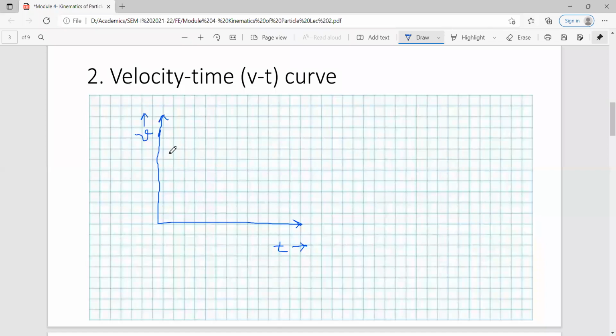It depends on the motion condition, whether during the motion your acceleration is constant, or if velocity is constant. Suppose velocity is constant, how will you get the velocity time curve? Time is passing, but the velocity of the particle is constant.